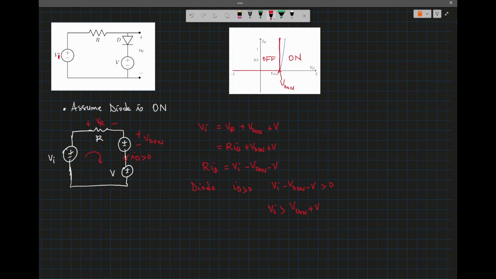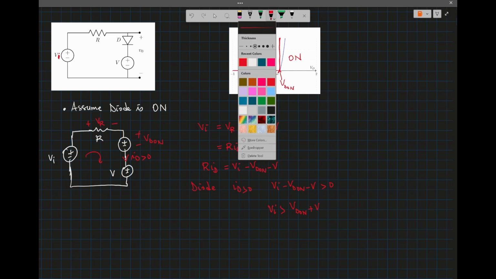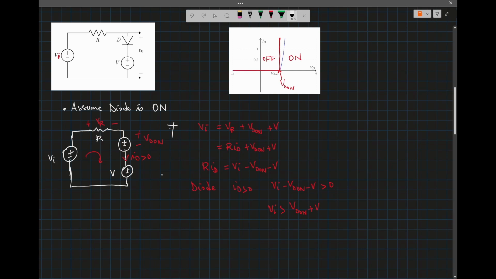Now, what is the output voltage? The output voltage is taken across here, V0.